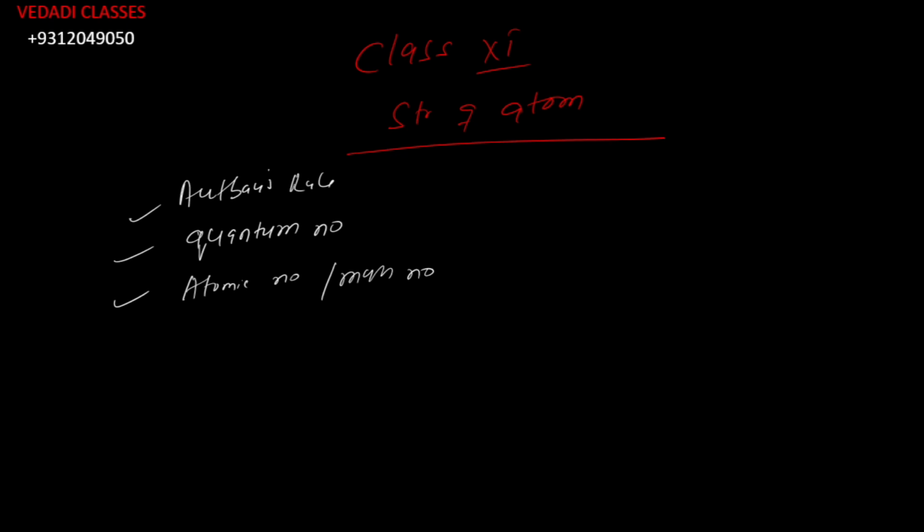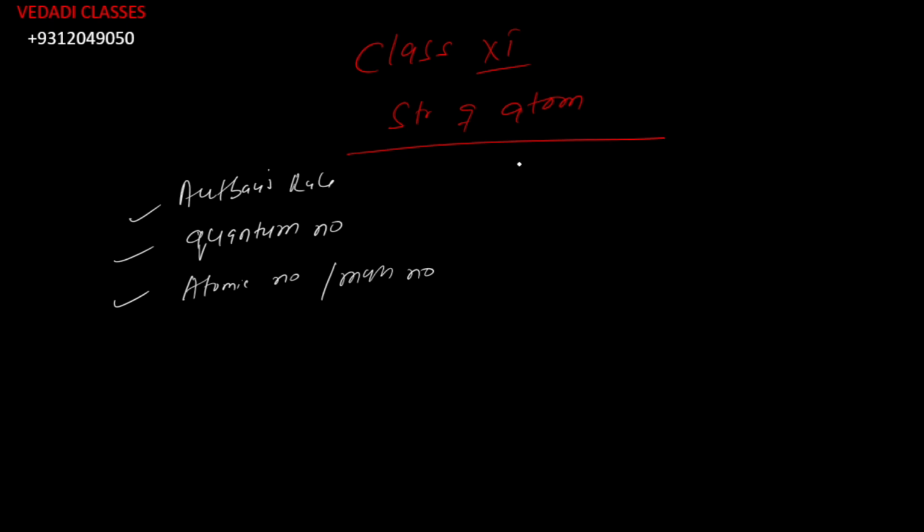So today we will go through this concept. This is known as discovery of electron, that's cathode ray experiment, and the discovery of proton, that's the anode ray experiment, and discovery of neutron.